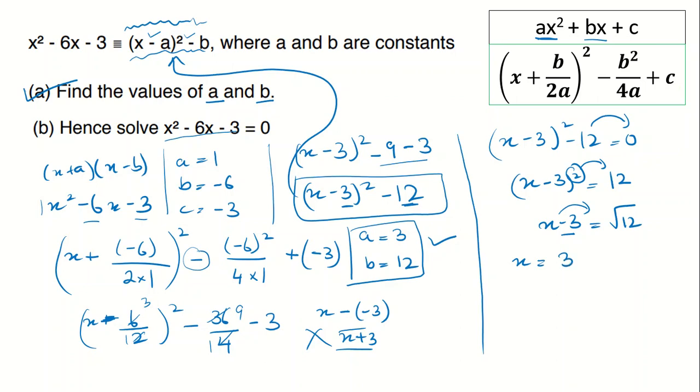Now, one thing that you need to know is that whenever you take a square root, when you're in higher grades, you must know that it's not just a positive square root. It has to be positive and negative.